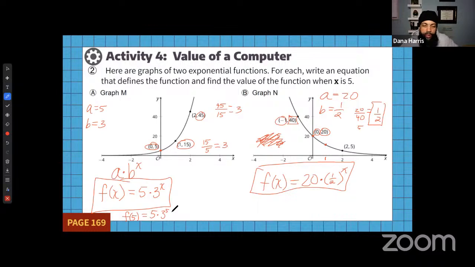So f of 5 equals 1,215. Here f of 5 equals 20 times 1/2 to the 5th power. And so f of 5 here equals 0.625. All right. Boom.